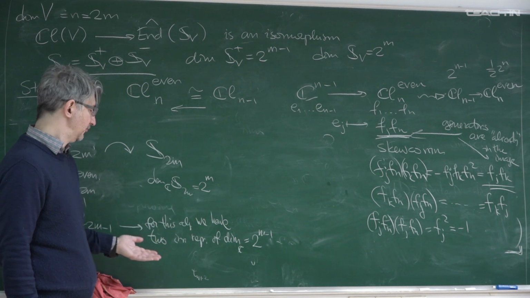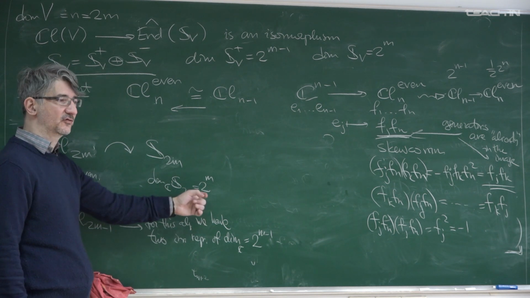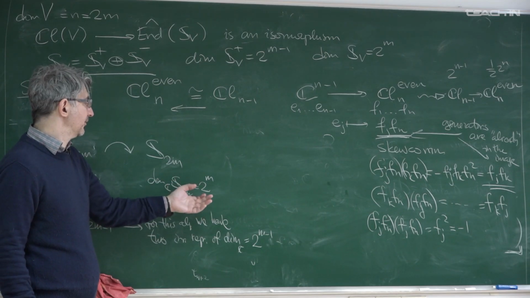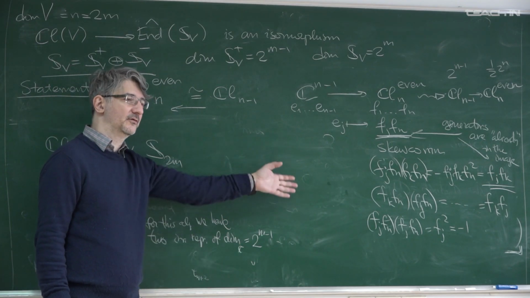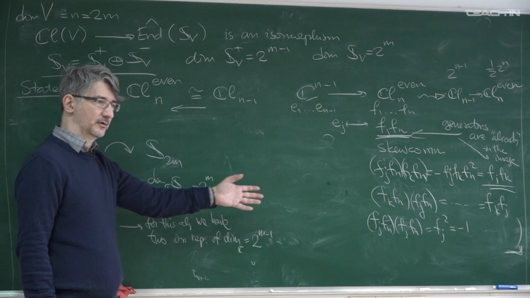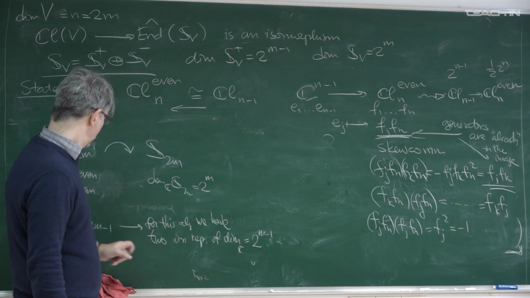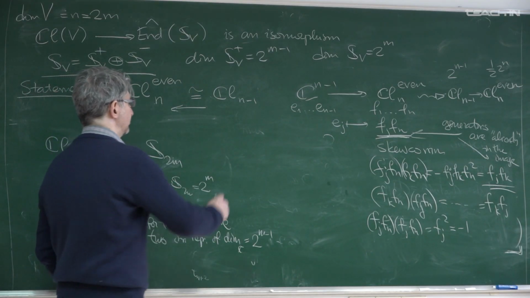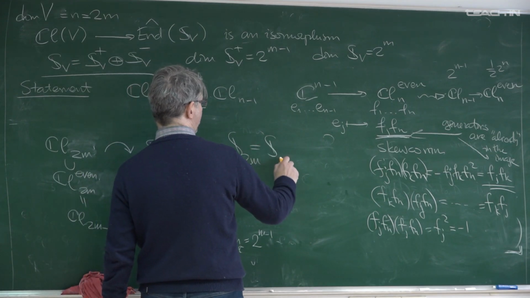But it's not the zero representation because the even part is doing something here. It acts non-trivially. It's possible that it contains one copy of an irreducible representation plus a trivial part. I don't think so. But so this guy is split into two representations of this thing. It's split.